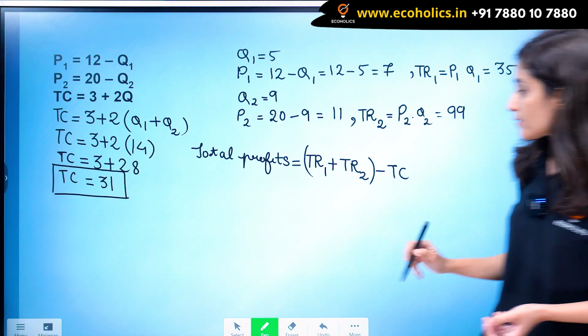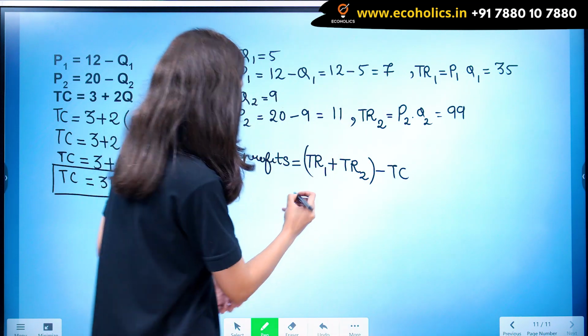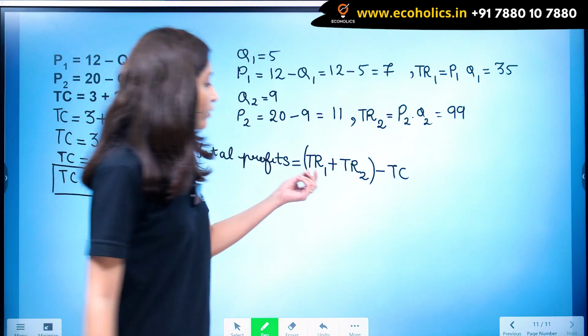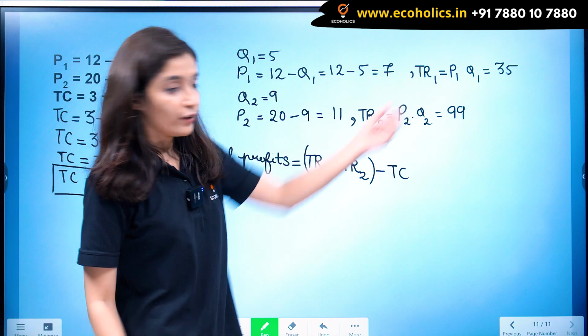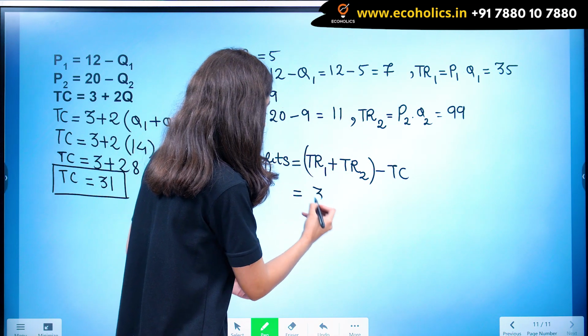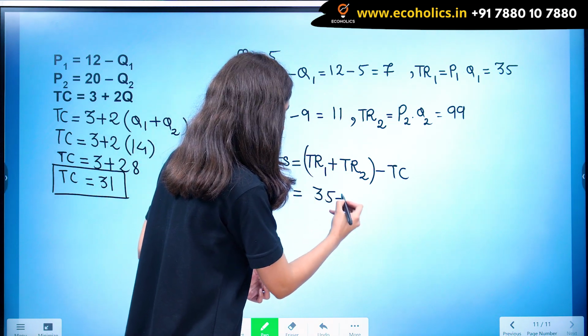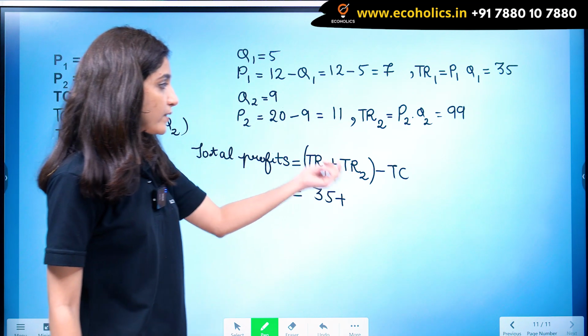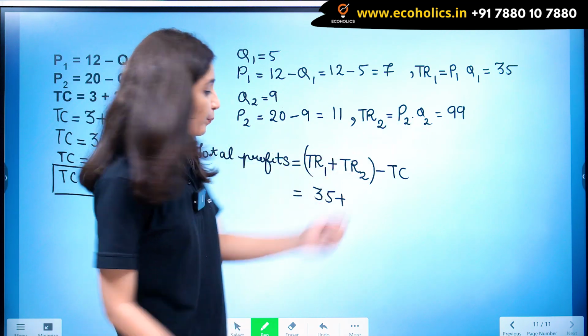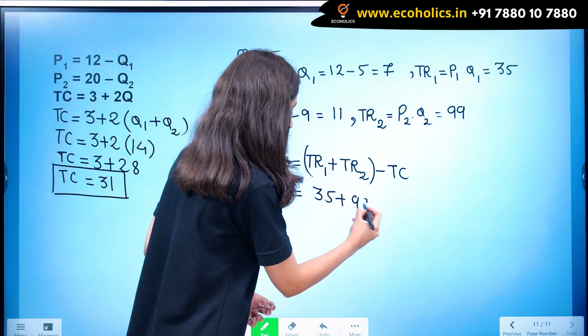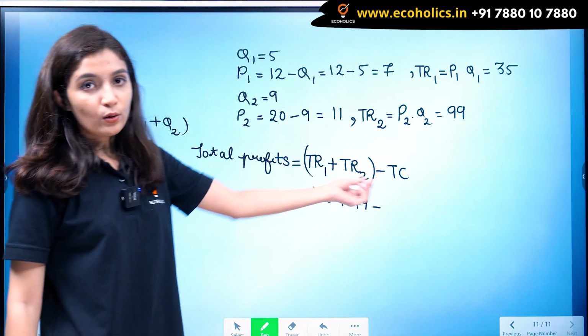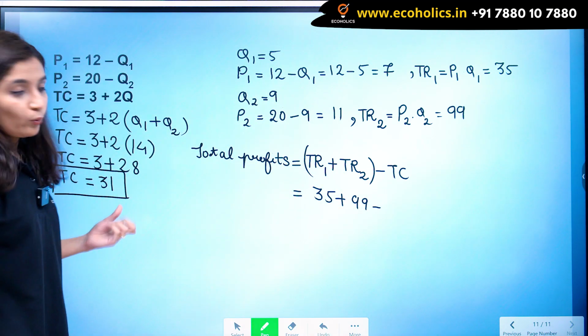So, what do we get is? We get total revenue in the first market as 35 plus total revenue in the second market as 99 and total cost as 31.